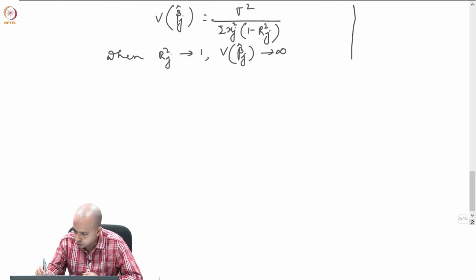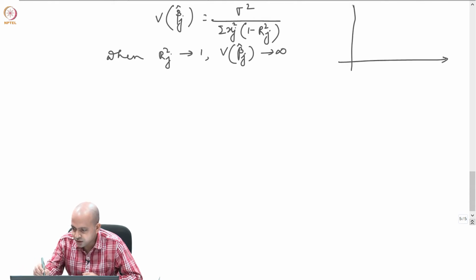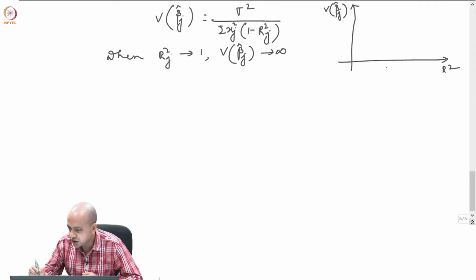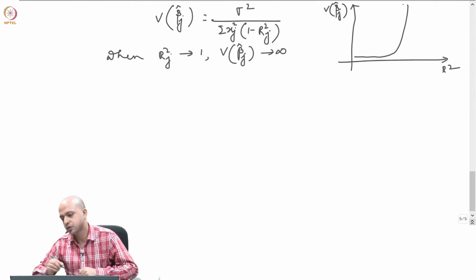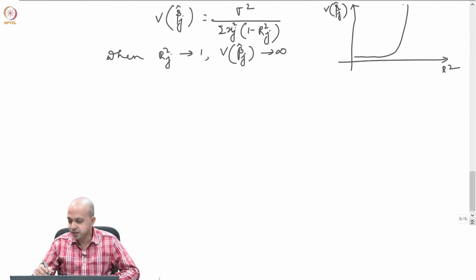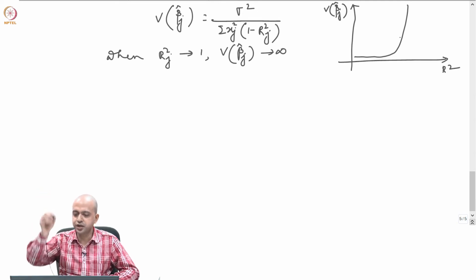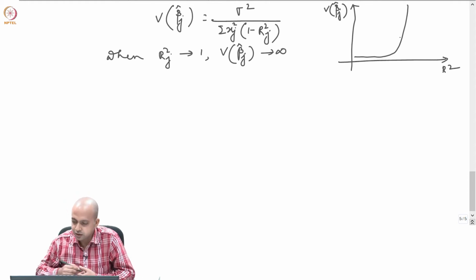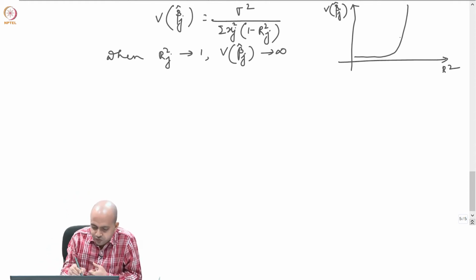If you plot R square on this axis and variance of beta hat on the y axis, then you will see the relationship will look like this. As R square increases, it will increase like anything, okay? This type of relationship.